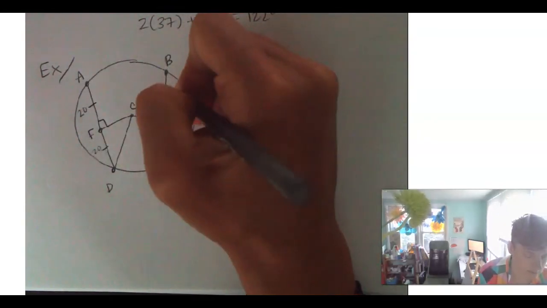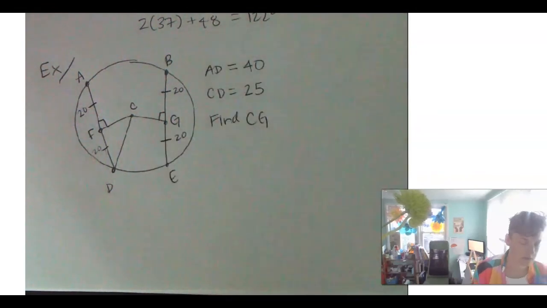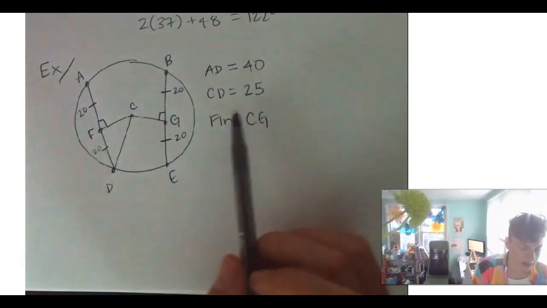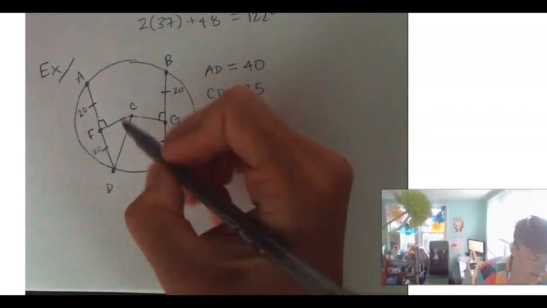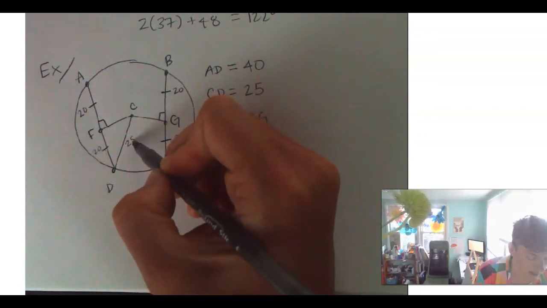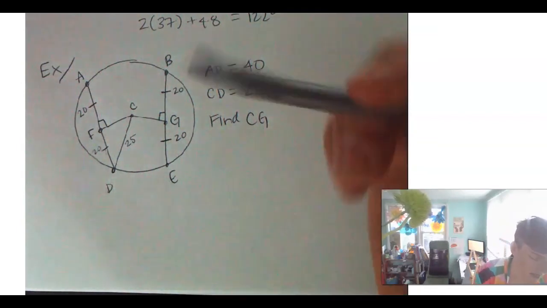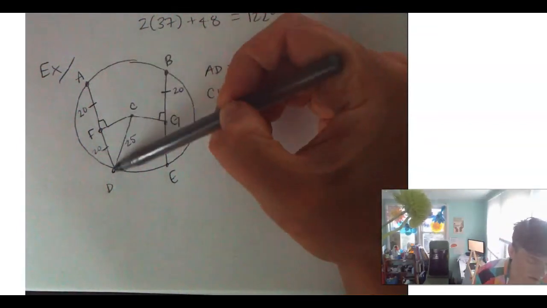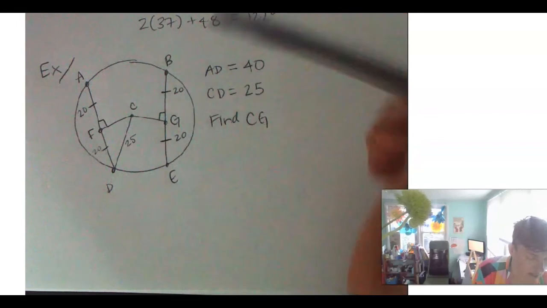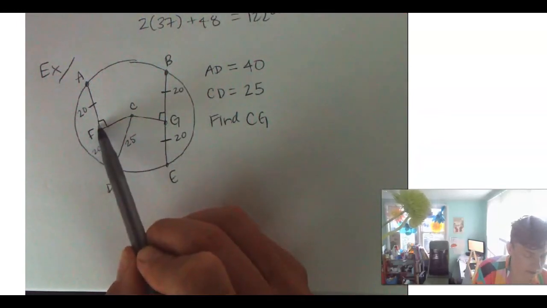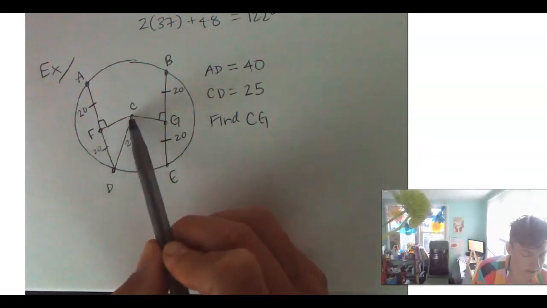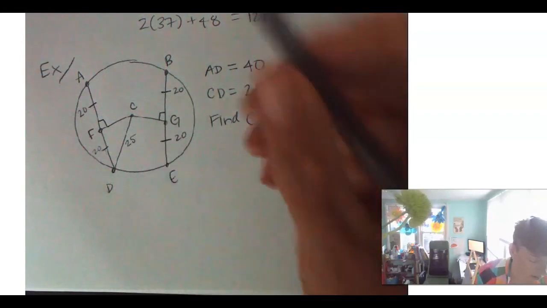Right? 20, 20, 20, 20. And we know that CD is 25. And since we know these chords are congruent and perpendicular to these segments here, using that last theorem we just talked about, we know these segments are congruent.